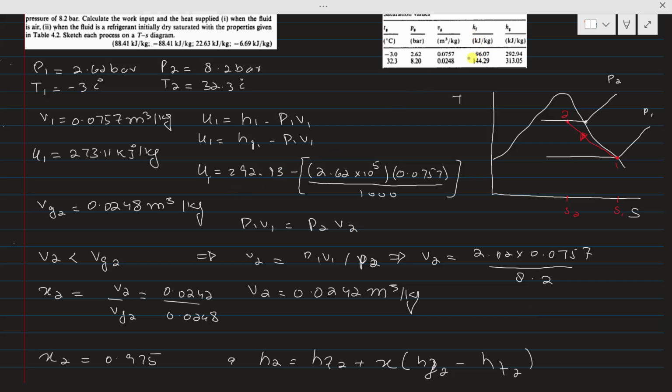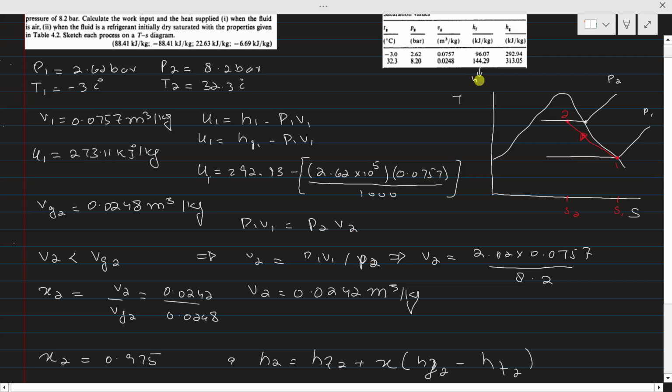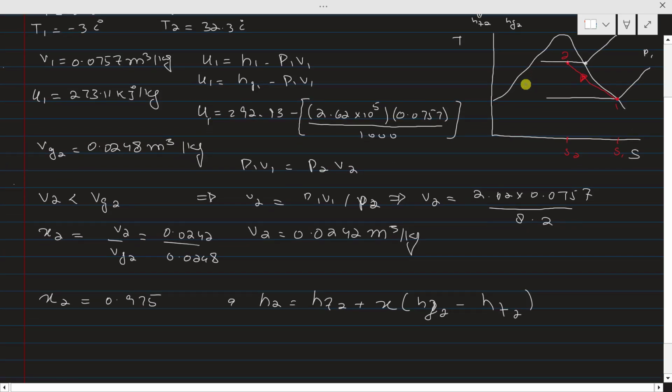This is Hf2 value, and this is Hg2 value. Now put these values in this equation to find the enthalpy for the state point 2.